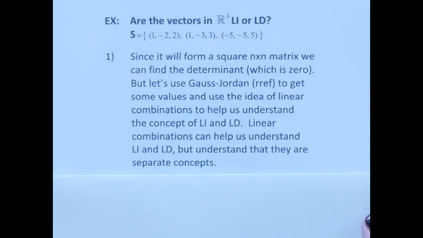But let's use Gauss-Jordan row-reduced echelon form to get some values and use the idea of linear combinations to help us understand the concept of linearly independent and linearly dependent. Linear combinations can help us understand linearly independent and dependent, but understand they are separate concepts. So linear combinations will make sense of this whole idea, but linear combinations and linearly independent and dependent are separate concepts. That's all I'm trying to say.